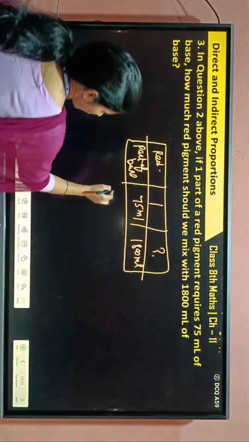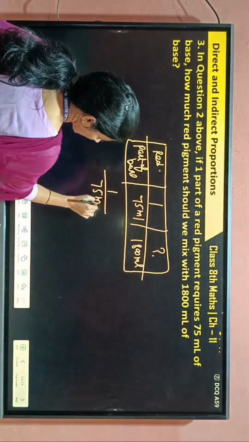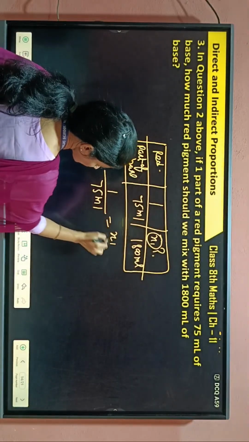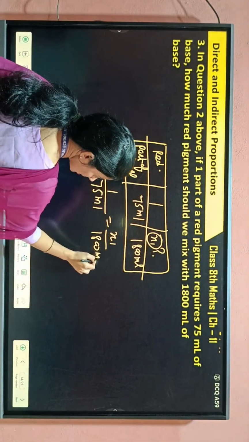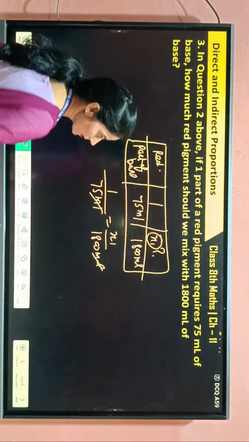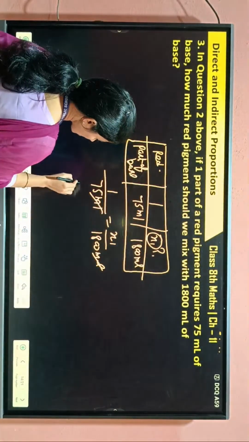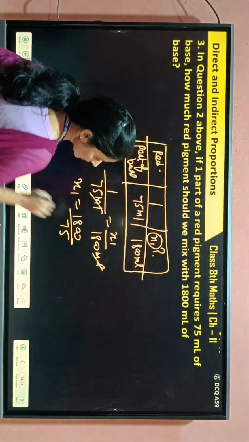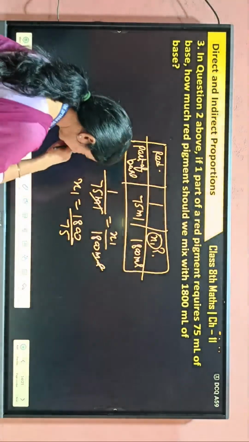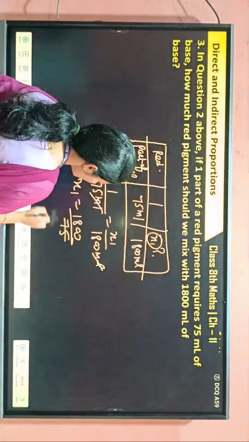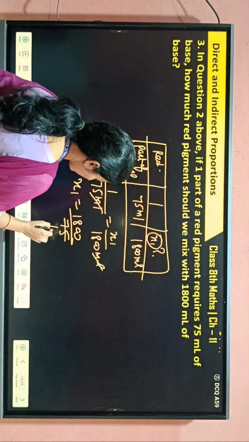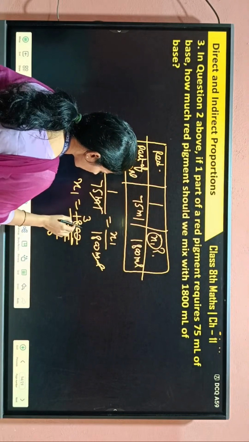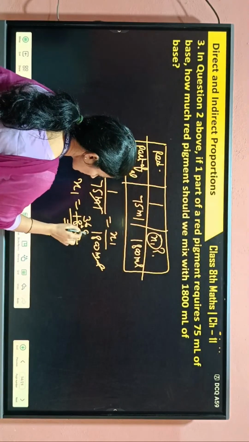We can write 1 upon 75 ml. Consider this as x1, equals x1 upon 1800 ml. The ml and ml will cancel. Using cross multiplication, x1 equals 1800 by 75. Cancel with 5: 5 fives are 25, 5 threes are 15, 5 sixes are 30, and 0 as it is.